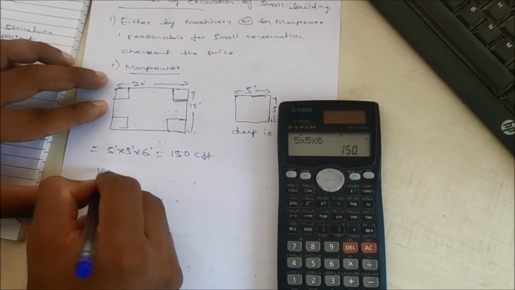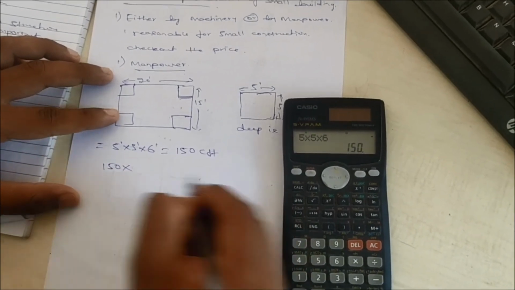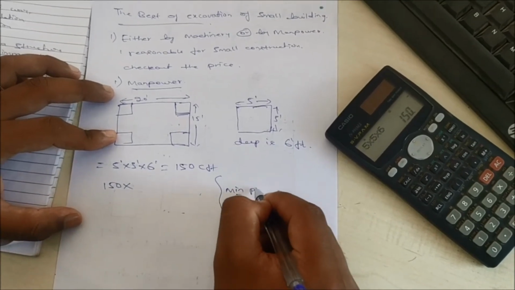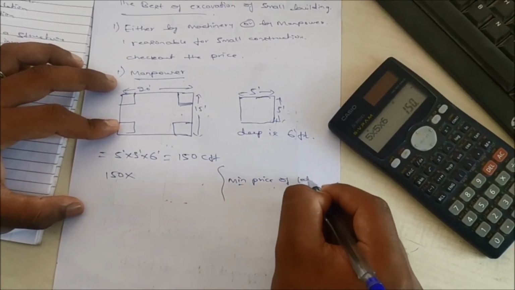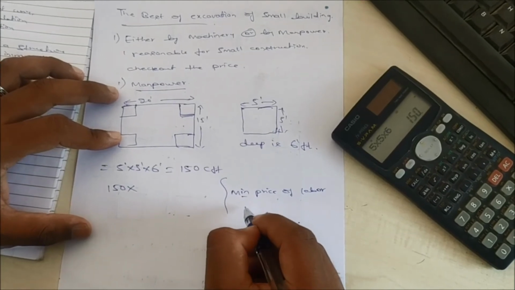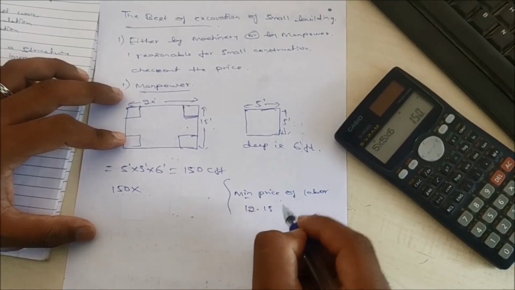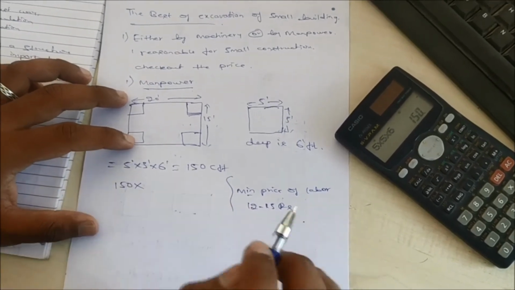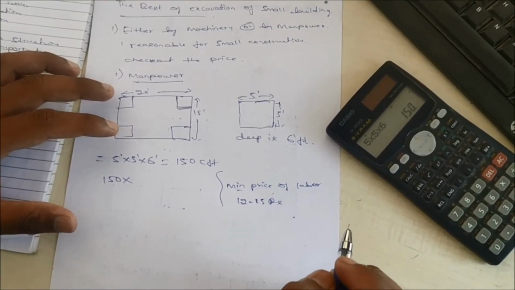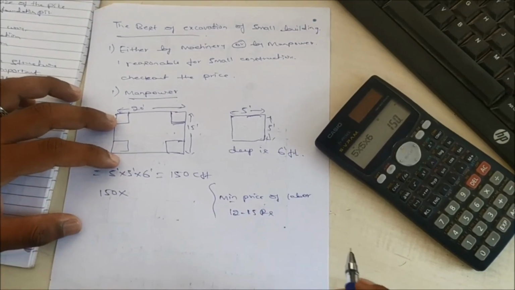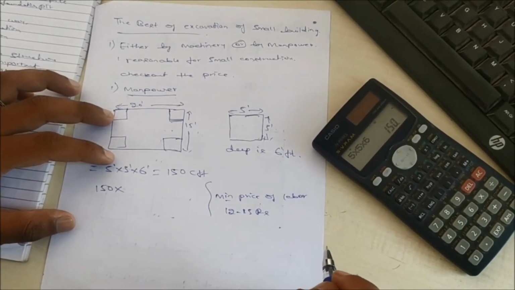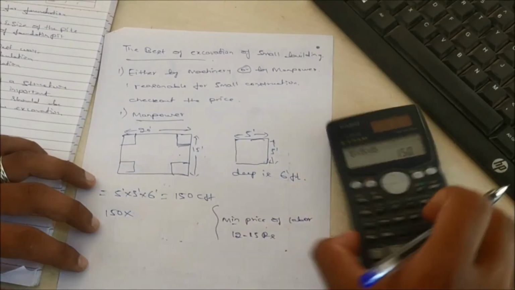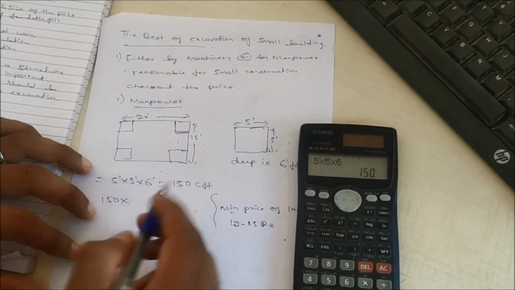For 150 cubic feet, the minimum price of labor is 12 to 15 rupees. The price varies in different cities also. In Karnataka, the minimum labor price is 12 to 15 rupees per cubic feet. So here is 150 cubic feet for one pit.